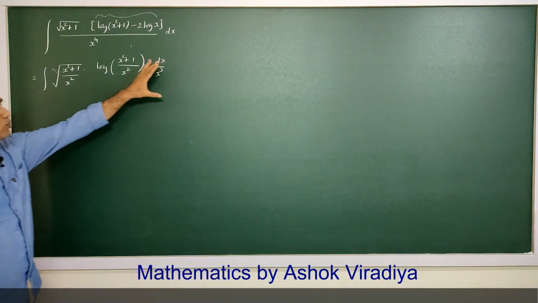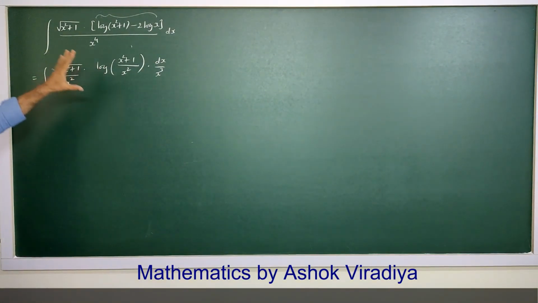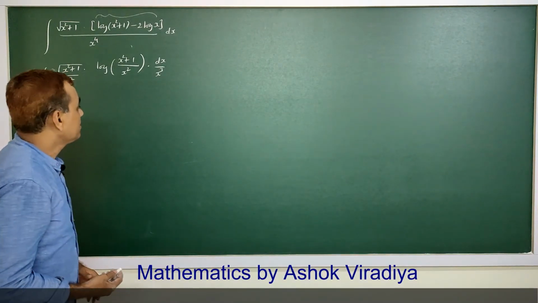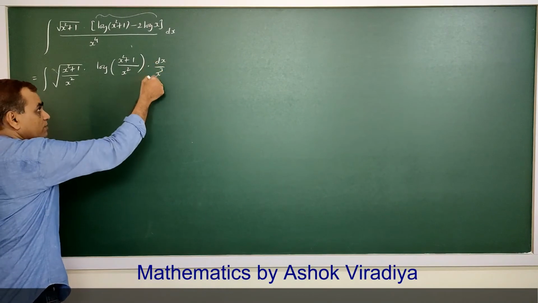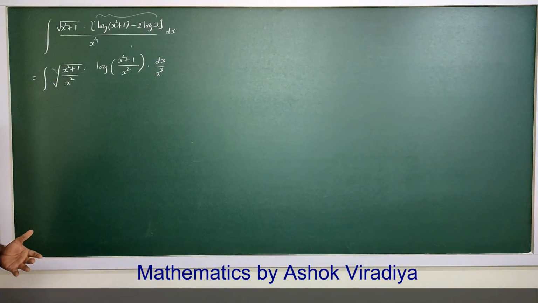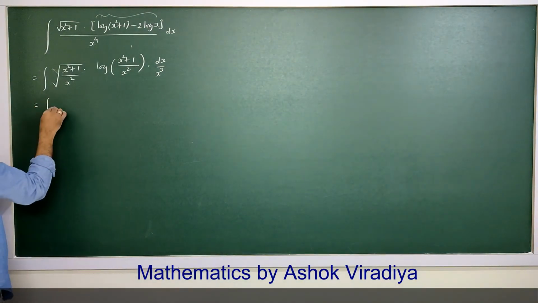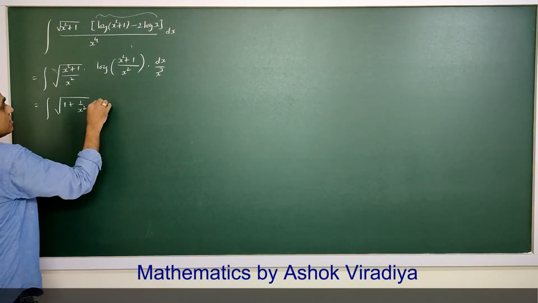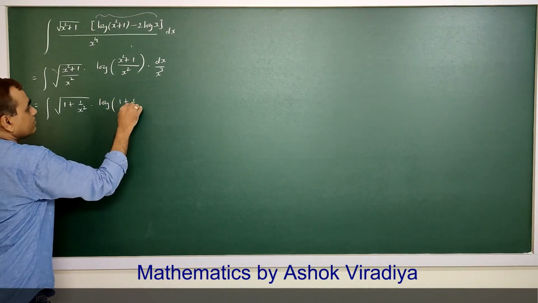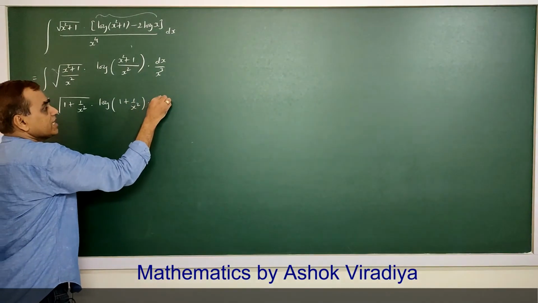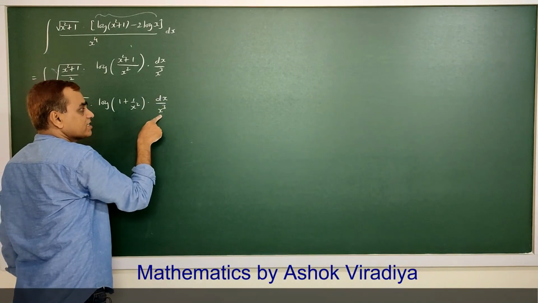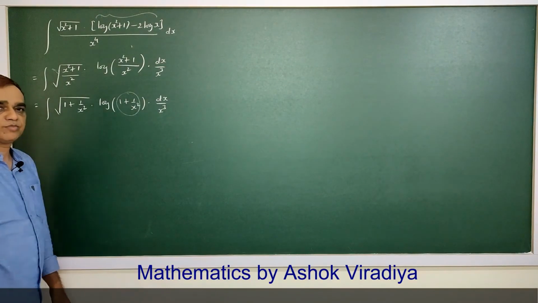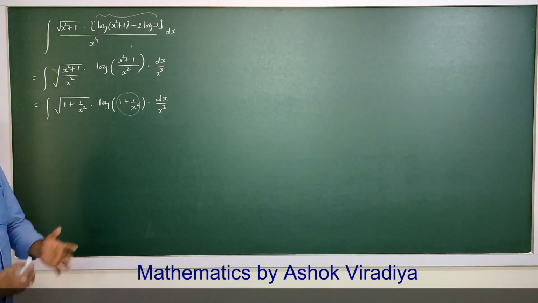So we are rearranging these terms to convert into integrable form, because with dx, 1 upon x cube can be removed. Now say this is 1 plus 1 by x square log of 1 plus 1 by x square. Now you can see why we have separated this x cube. Derivative of this term contains 1 by x cube.